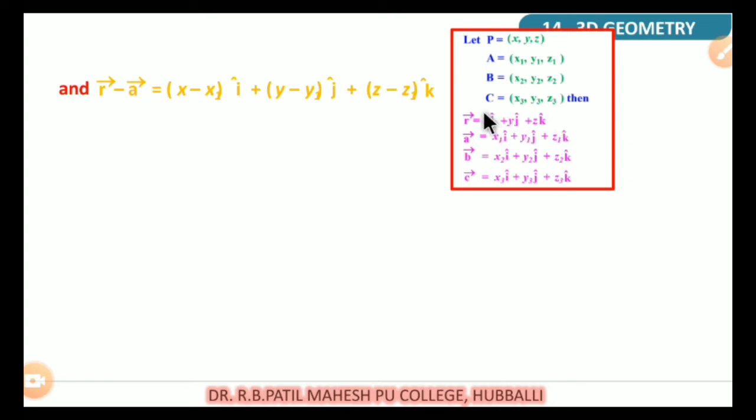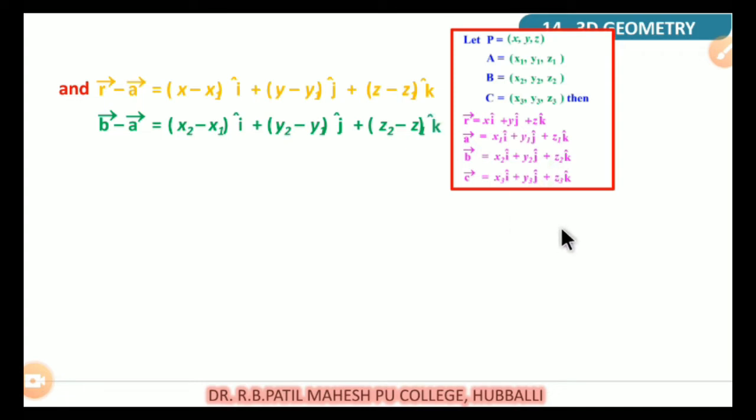So we have the r and a values here, so we can subtract as x minus x1, y minus y1 and z minus z1, so that we have this form. Similarly, we can find b minus a vector by subtracting a from b, so that x2 minus x1 i plus y2 minus y1 j plus z2 minus z1 k.